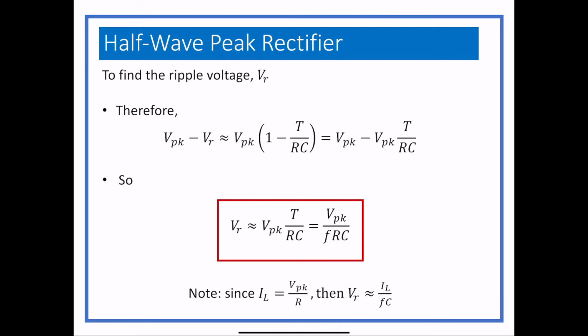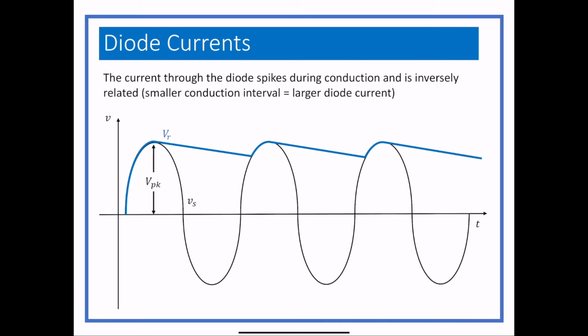So now that we've got that, we need to look at the current through the diode, because the current through the diode is going to change depending on what's going on in the circuit. During conduction, the diode current spikes and gets really large and then decreases as the voltage difference becomes less.